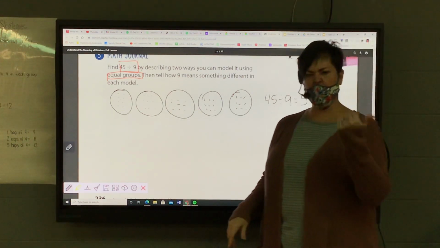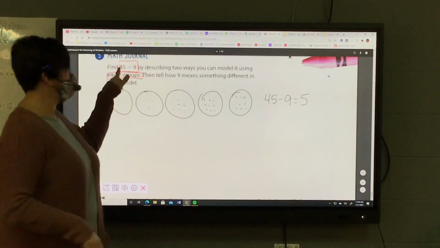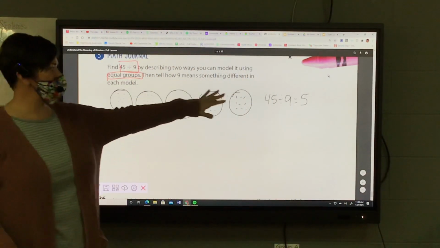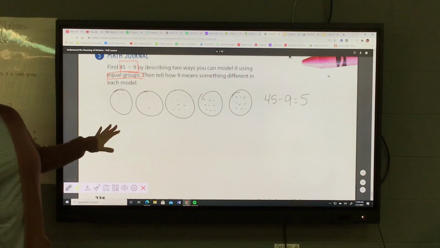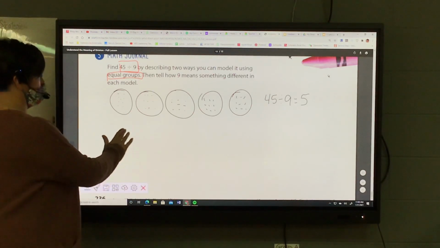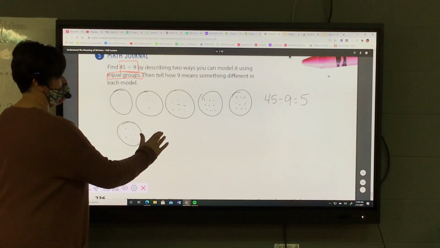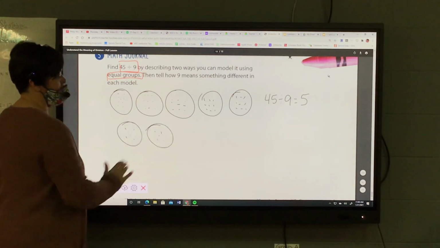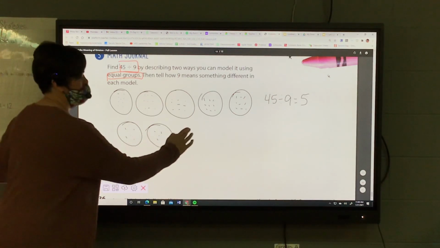What's the other way to make equal groups using this information now? How many should I put in each group this time? 5. 1, 2, 3, 4, 5. 1, 2, 3, 4, 5. How many is that now? That's only 10, right?